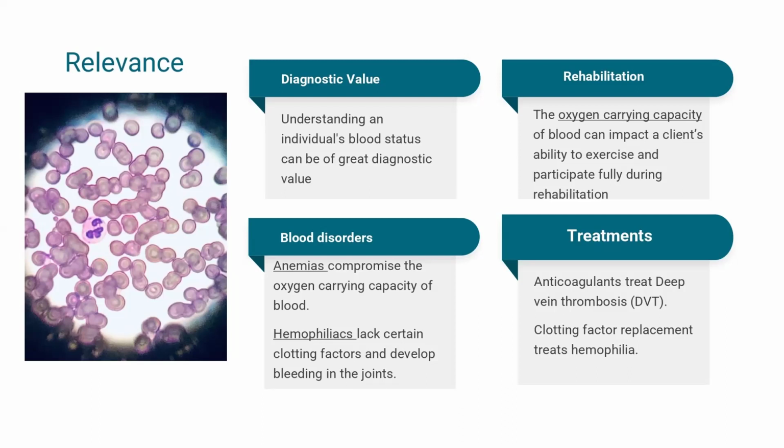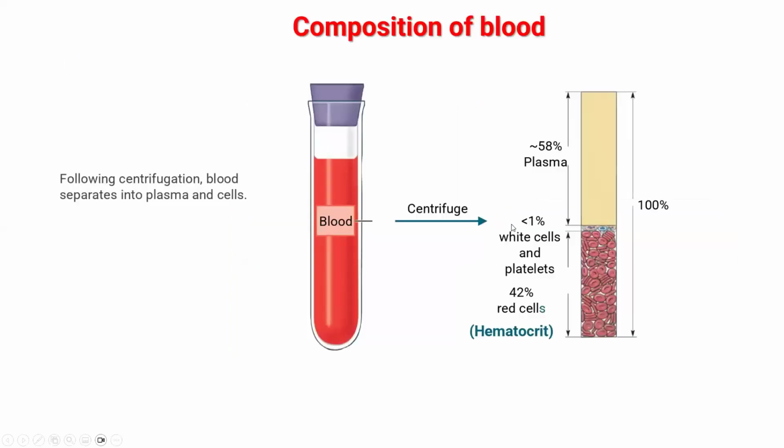Treatments include anticoagulant treatment of deep venous thrombosis and clotting factor replacement if the patient is deficient in one of the clotting factors, causing hemophilia A, which is a deficiency of factor 8, or hemophilia B, which is a deficiency of factor 9 of the coagulation cascade, and so on. So that's why we are talking about hematology today.